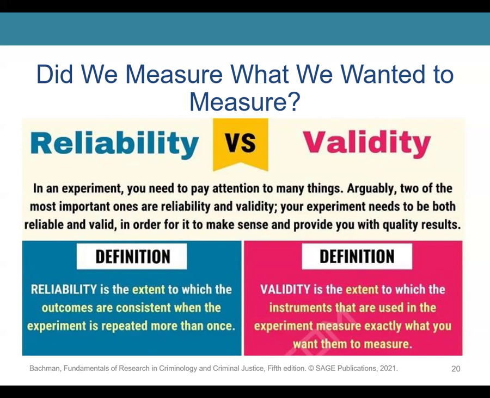This is the type of validity that is achieved when a measure measures what it is presumed to measure. Yeah, I don't like that definition either. That's why I included some of these things, right? Validity is the extent to which the instrument that is used in your experiment measures exactly what you want it to measure. That makes a lot more sense than what your book says.